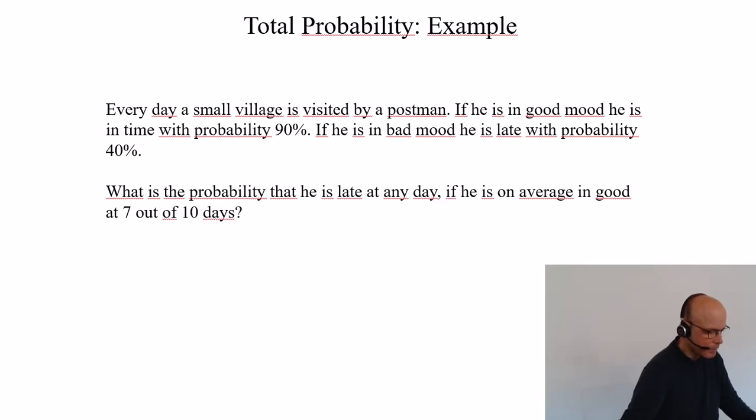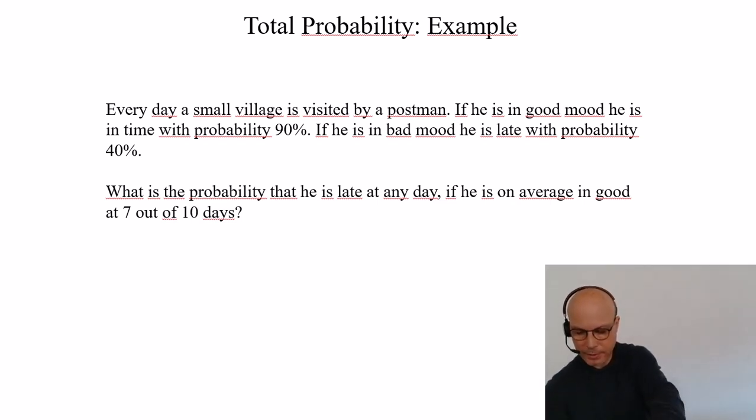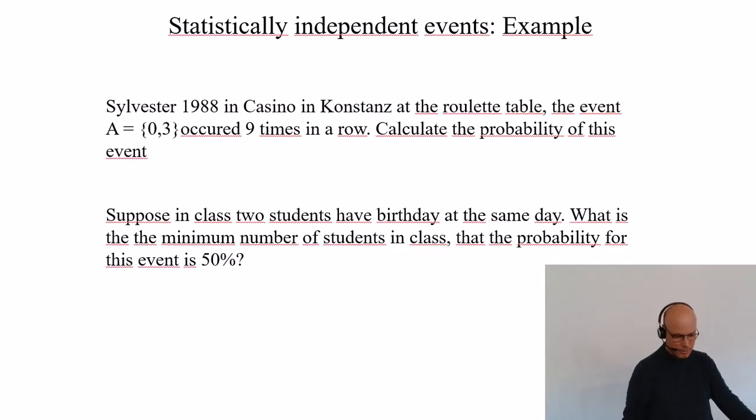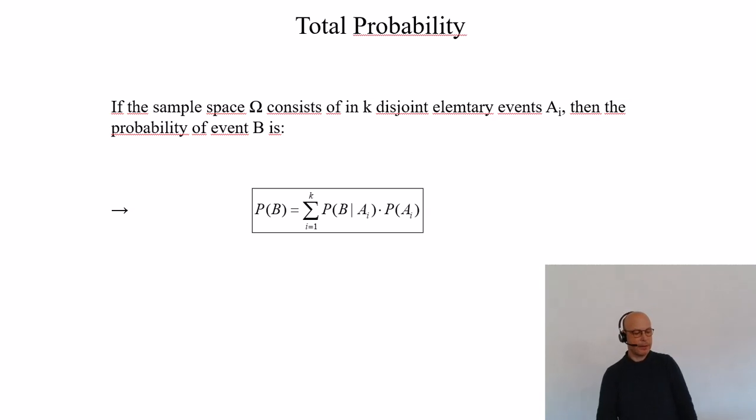I think I missed the definition of total probability. Do I have it here? And where is it? Here it is. Sorry. This we need.